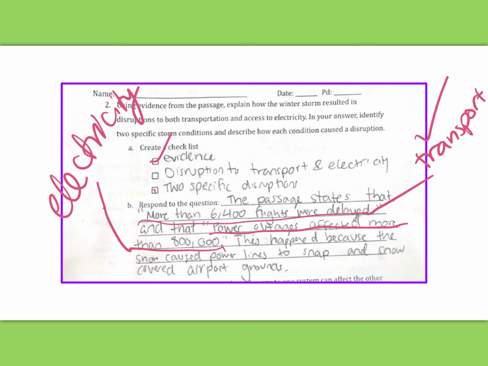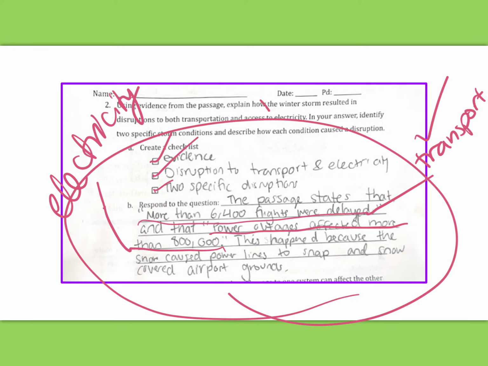So that's our two disruptions, and we discussed how it disrupts transport and electricity. This is a great answer. We checked off every piece of the question that needs to be addressed, and we did it concisely. Our answer got straight into the answer with evidence, and it clearly explained how the evidence was relevant.